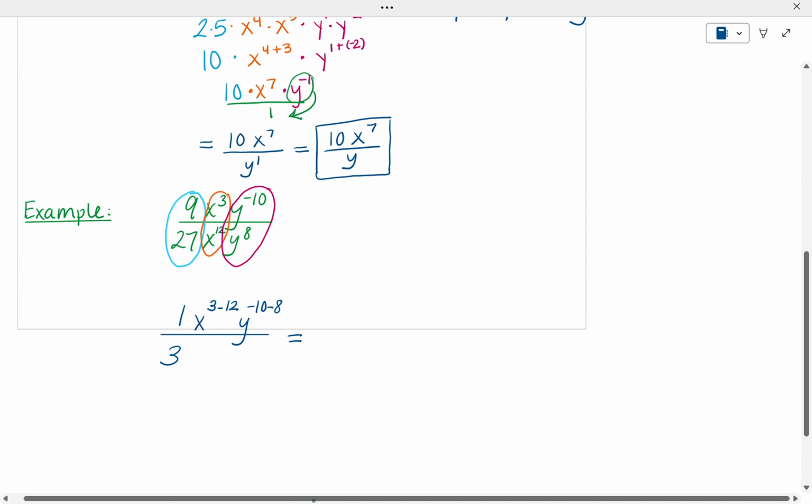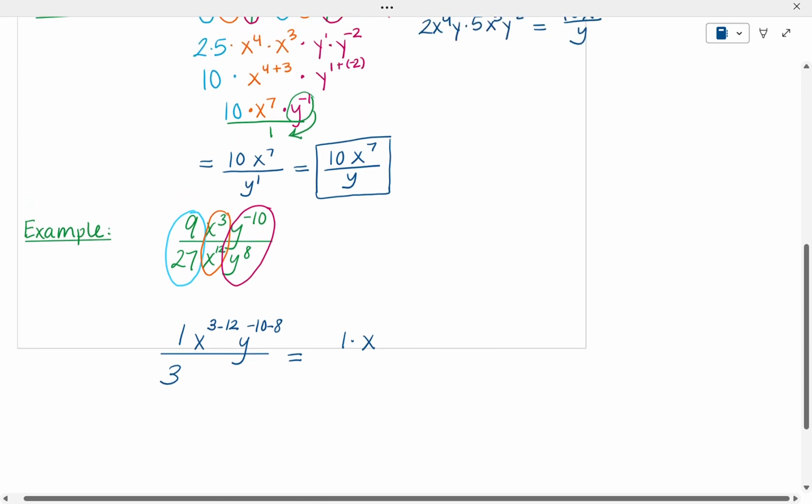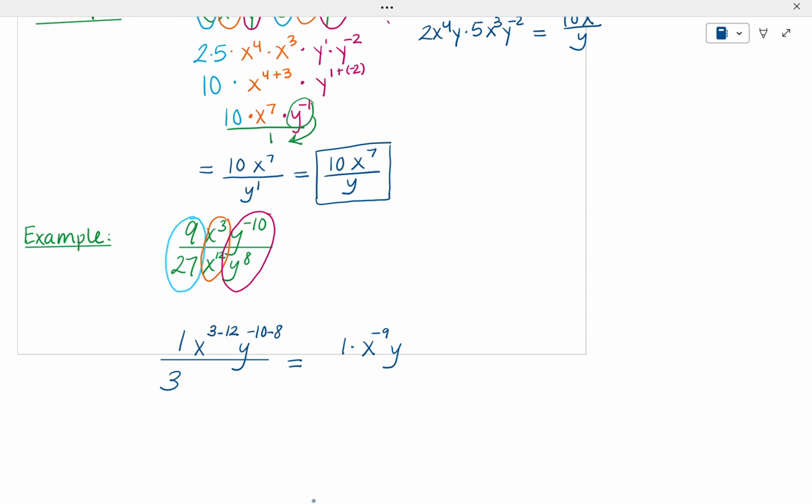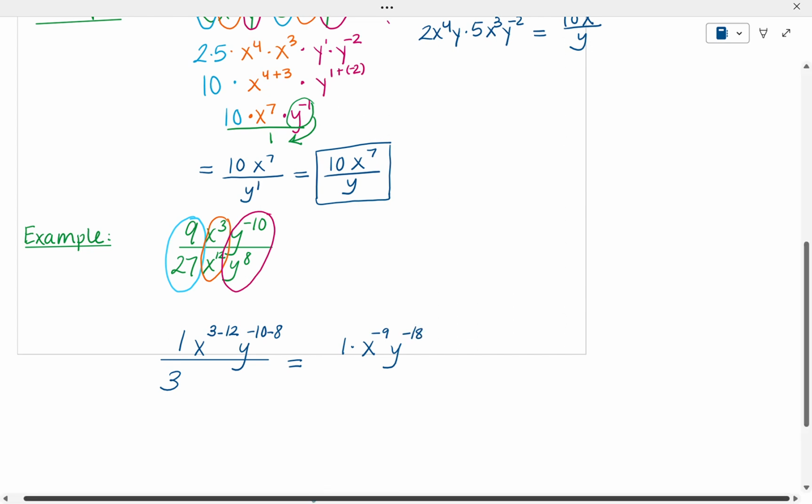So this is equal to 1 times x to the 3 minus 12. 3 minus 12 is negative 9. And y to the negative 10 minus 8 is negative 18. And this is all over 3.